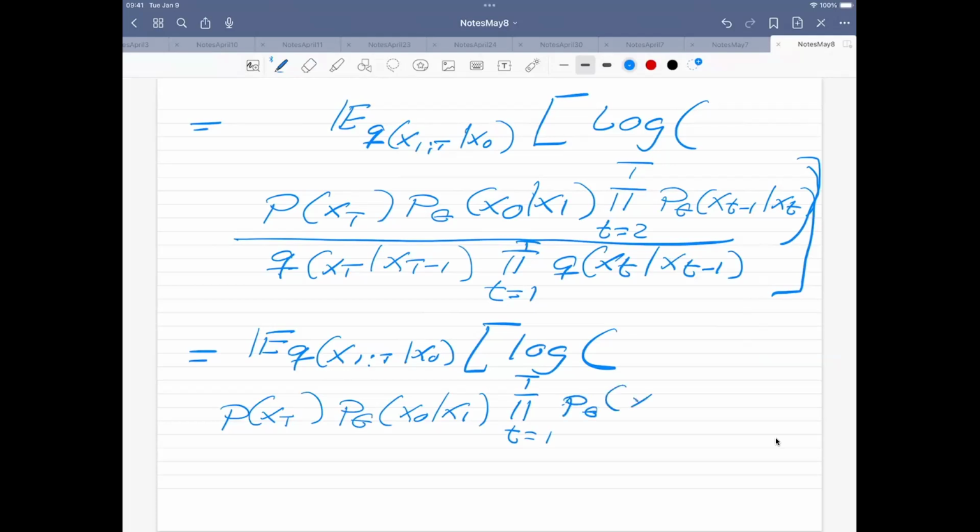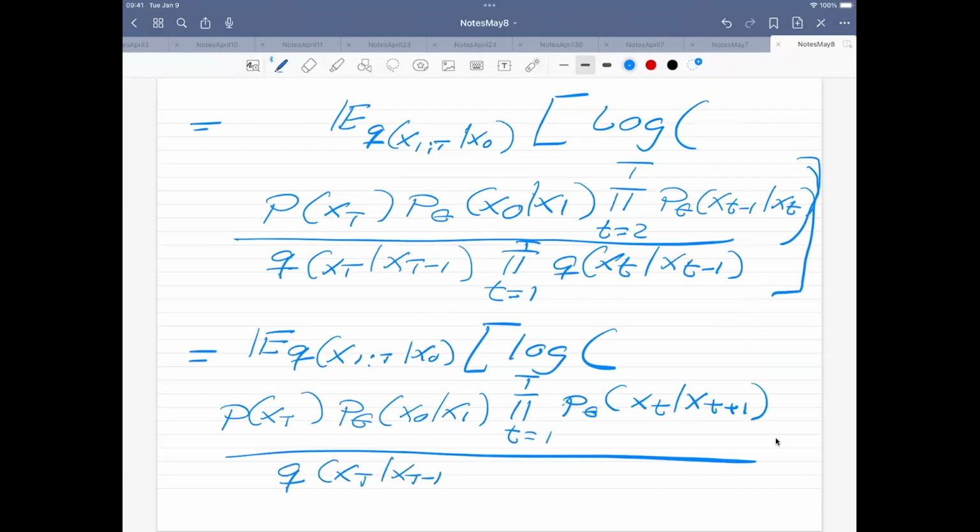And then I have x of t plus 1 divided by q of x of t minus 1 multiplied with t equal 1 up to final t of q of xt minus 1.